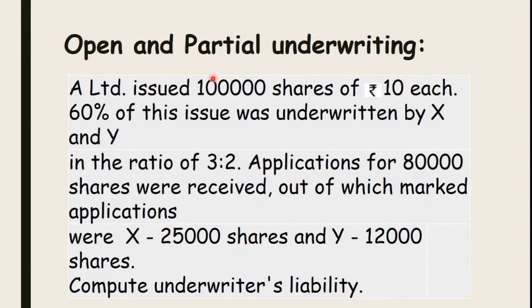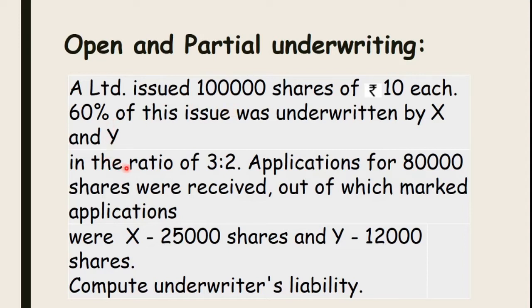It's a case of open and partial underwriting. A Limited issued 1 lakh shares of rupees 10 each. Now 60% of this issue was underwritten by X and Y. Okay, so because it is 60%, out of 1 lakh, 60% is 60,000 shares. Only for 60,000 shares there is an underwriting agreement. So this sentence says that this is a case of partial underwriting.